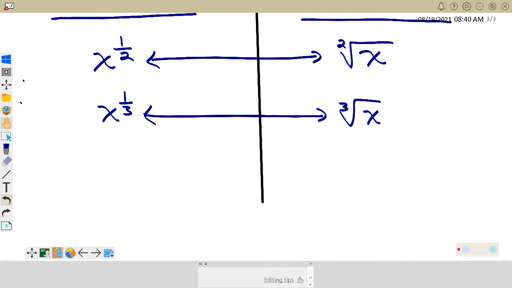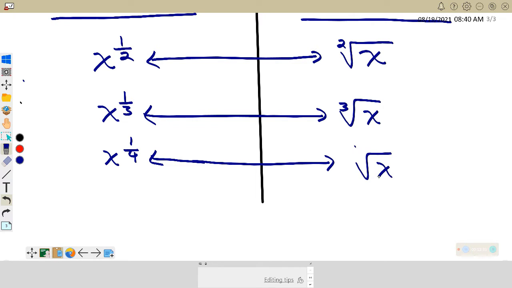Let's keep going. X to the 1/4 power is the fourth root of x. I trust you're starting to see the pattern now.